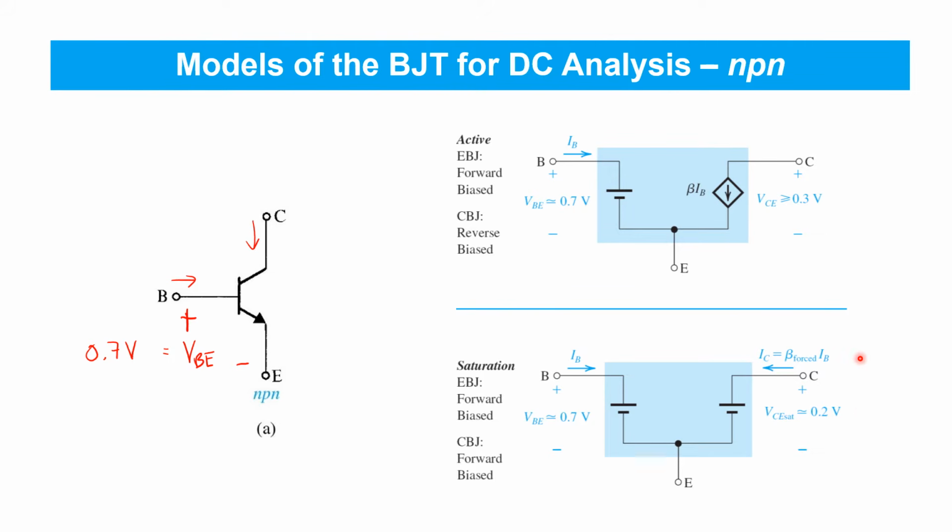So again, using a saturation model, we assume a constant voltage drop between collector and emitter and find the collector current that results. The resulting collector current will no longer be beta times the base current. In fact, it'll be smaller than that, and we can then define the resulting ratio as the forced beta of the transistor in saturation mode. And again, just a reminder that the forced beta is not a constant.